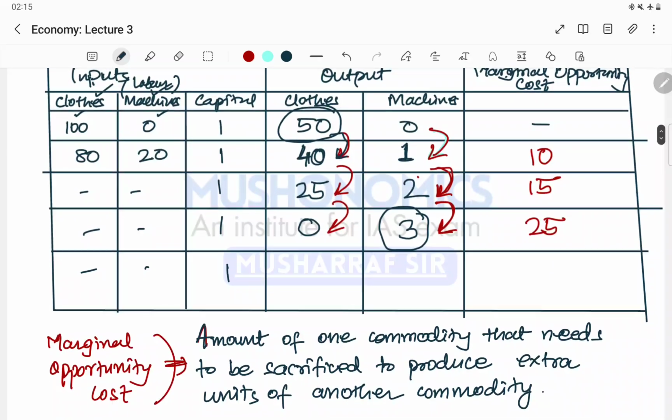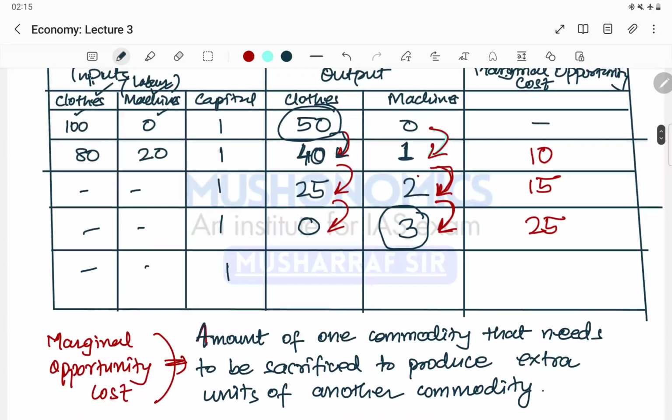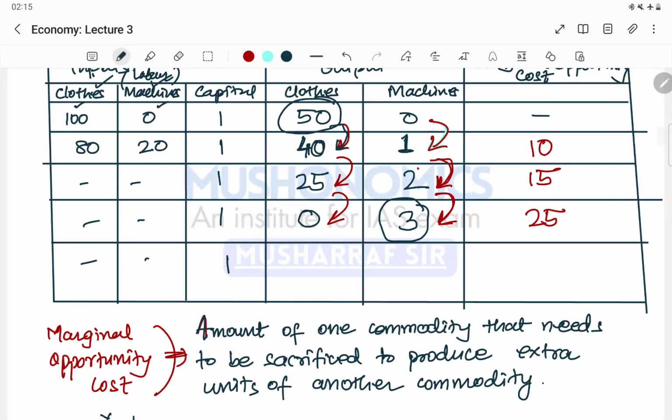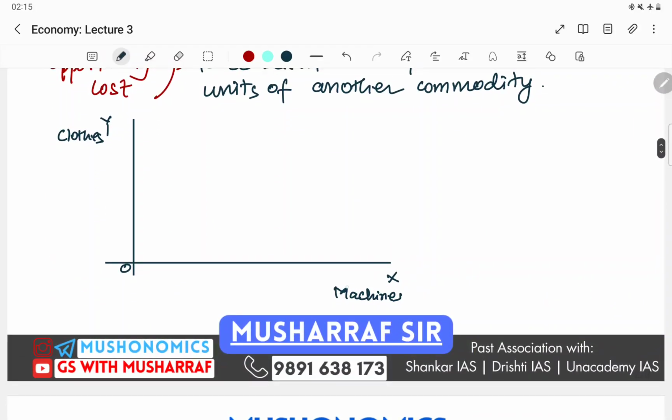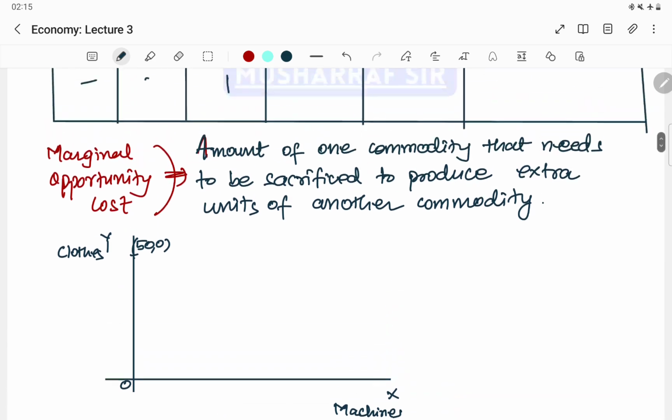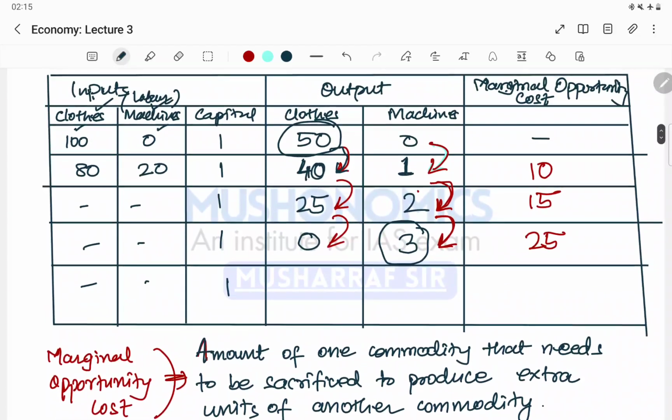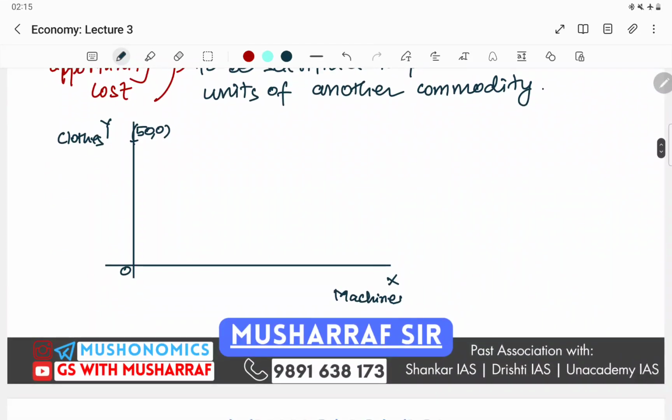The first point that we can see here is 50 clothes and 0 machines. So machine is 0, cloth is 50, that is 50, 0. Next we see 40 clothes and 1 machine. For example, here 1, 2, 3. So now 40 clothes and 1.